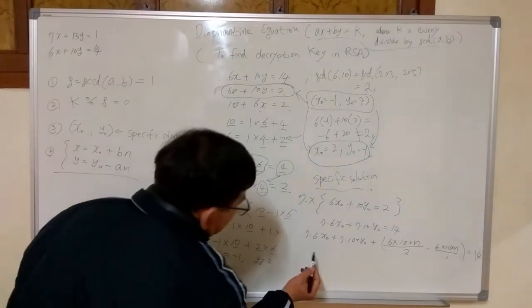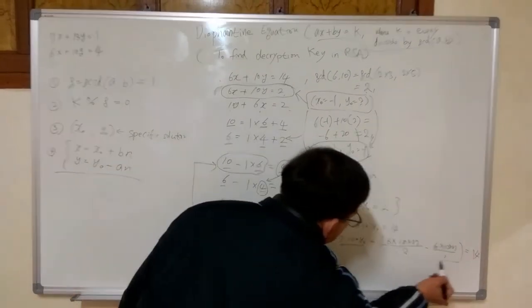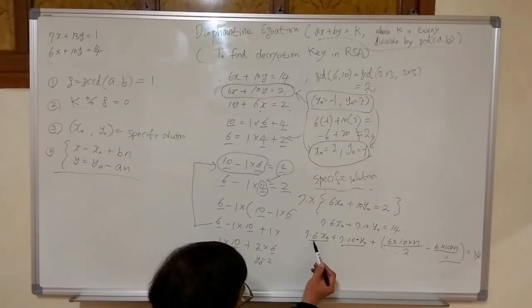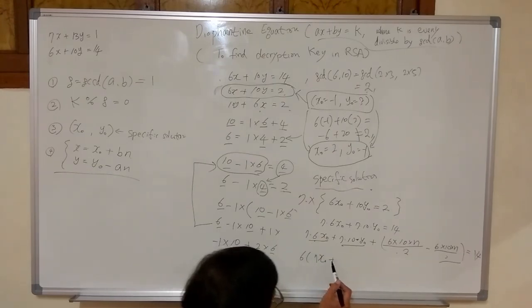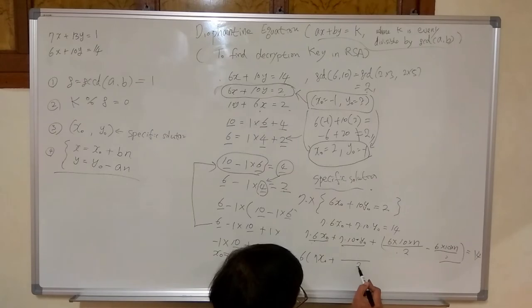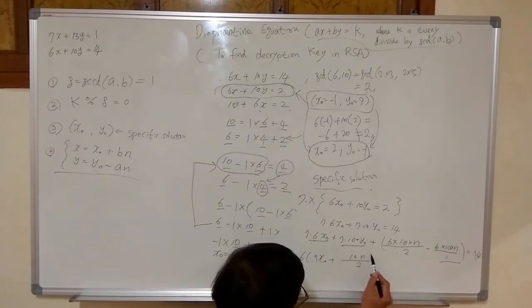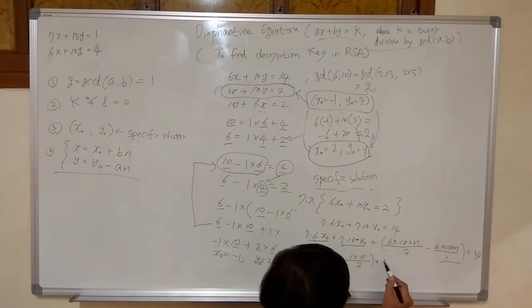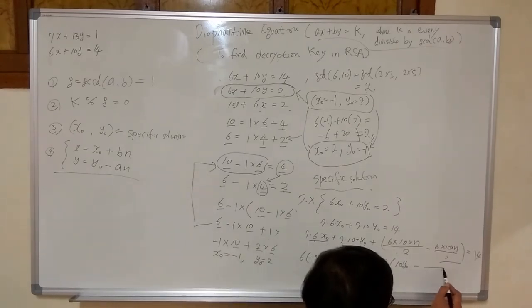Now we regroup them. We regroup with this one, and I factor out 6: 7x0 plus 2 over 6, I factored out 6, then 10n plus, here I factor out 7, 10y0 minus 2 over 10, 6n.